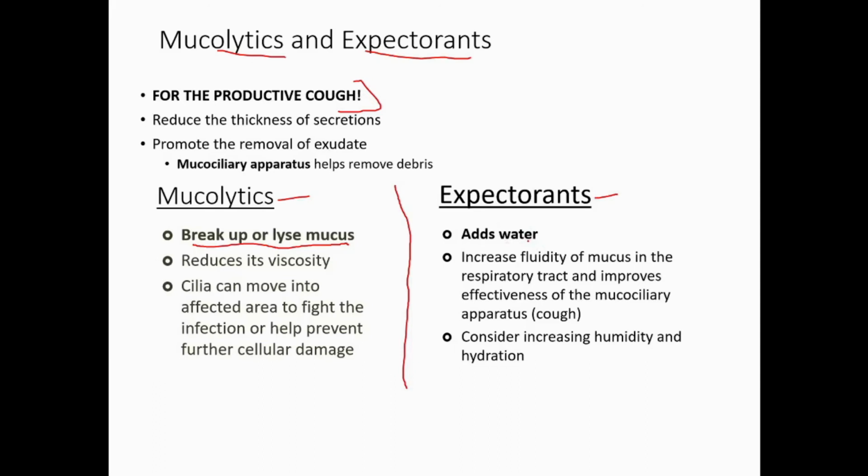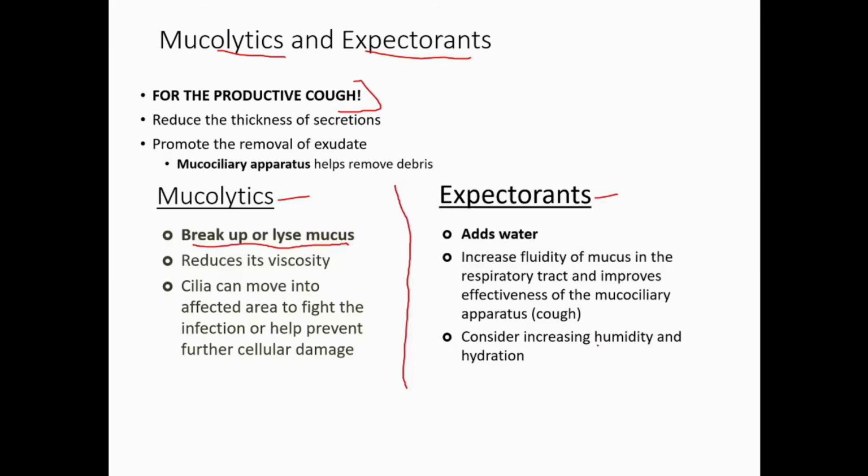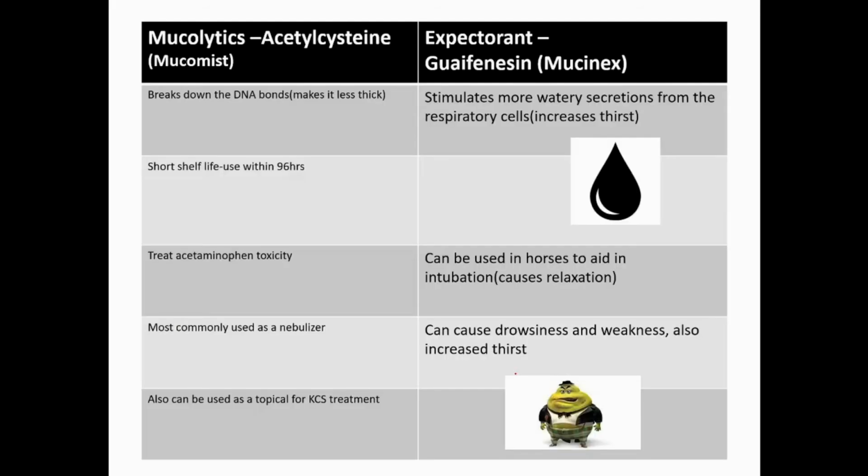So expect water. Okay? They increase the fluidity of the mucus in the respiratory tract to improve the effectiveness of the mucociliary apparatus, which allows us to cough things up. If we're going to expect water to be added into the mucus, we need to increase water in the environment by increasing humidity, or in the patient by increasing their hydration.